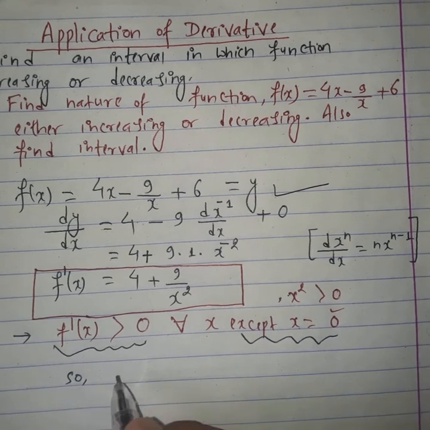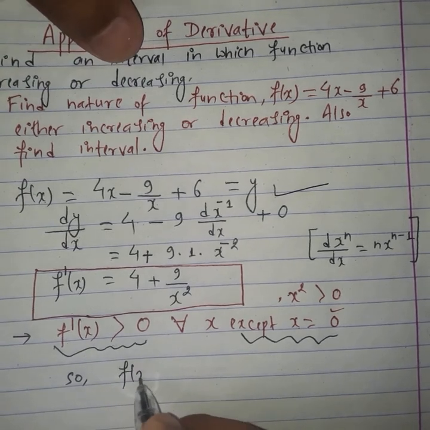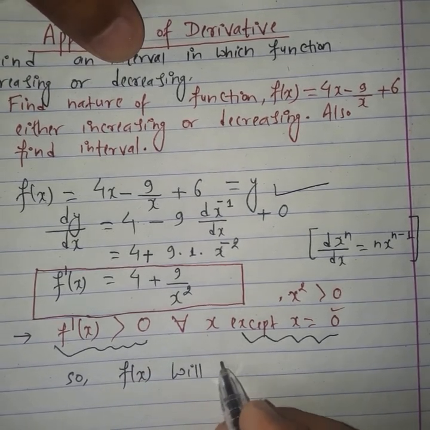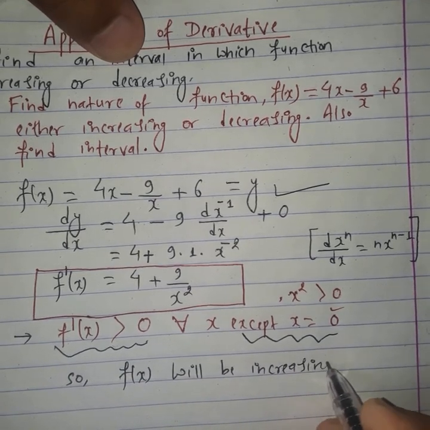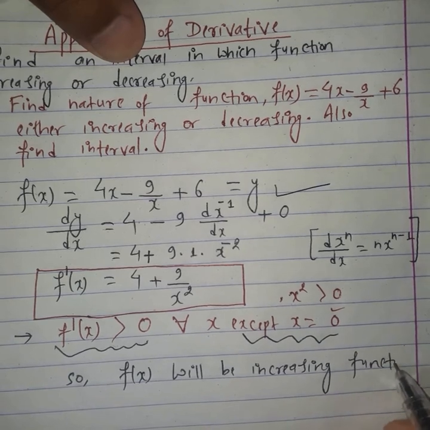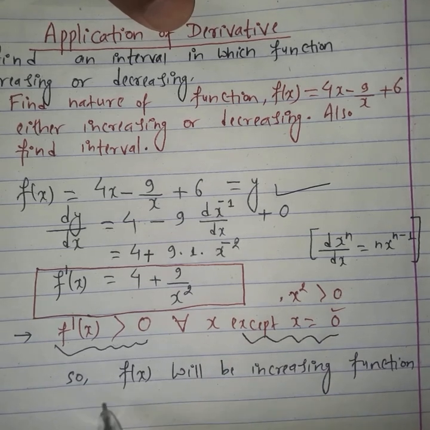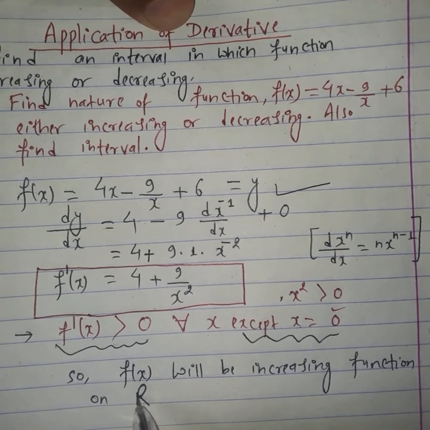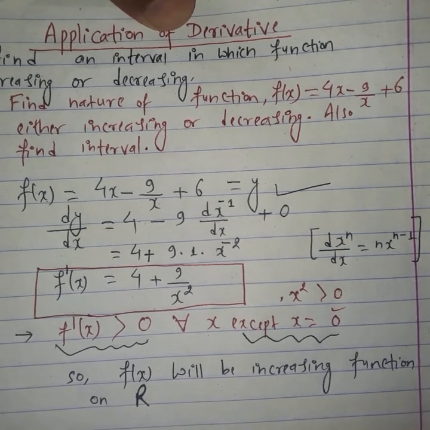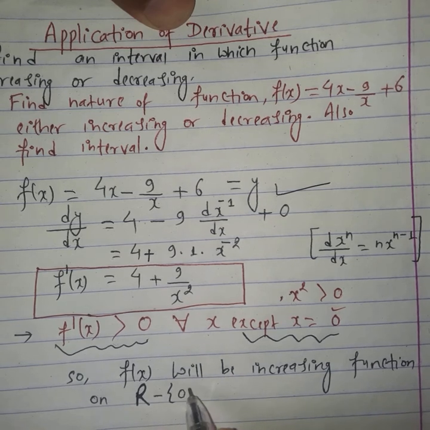So let's summarize the interval. The f of x will be an increasing function for all the values of x, that is, an increasing function on the real number set, which is represented by bold R. Bold R means the real number set. f of x will be an increasing function on the real number set except the point 0.